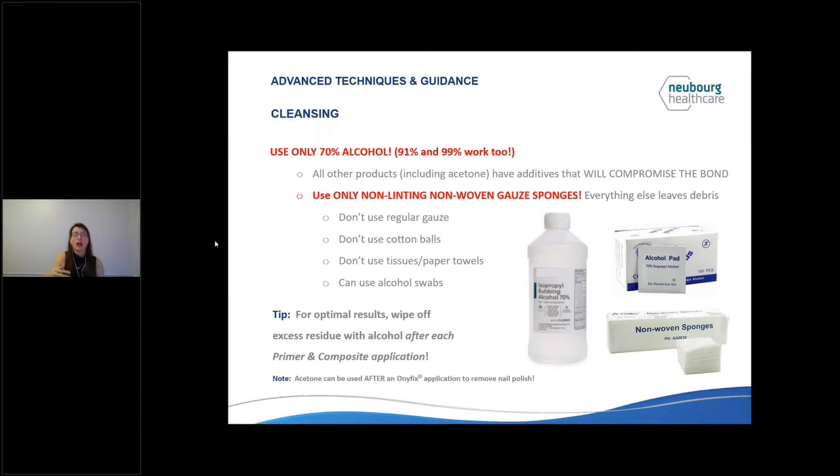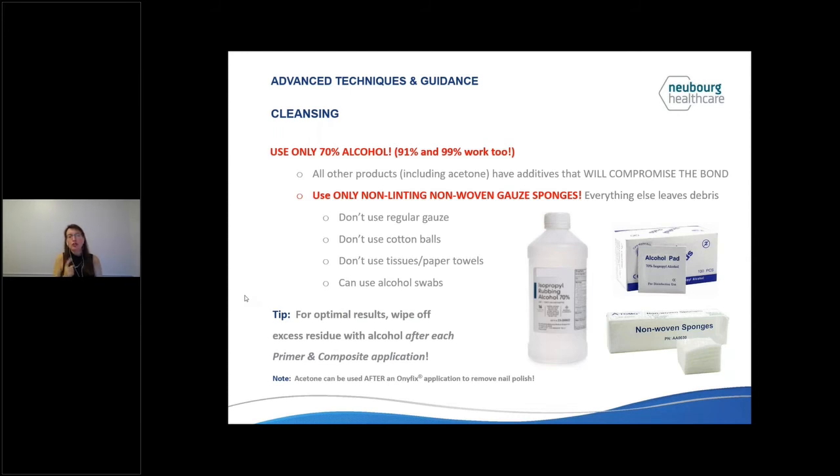That's too much water, and that's going to make your nail wet. And then your bond is not going to be optimal. It's probably going to fall off early. So minimum 70%. Don't use acetone to clean your nails. Don't use any other cleansers. Everything, including acetone, has additives in it that will compromise the bond of your Onyfix strip.